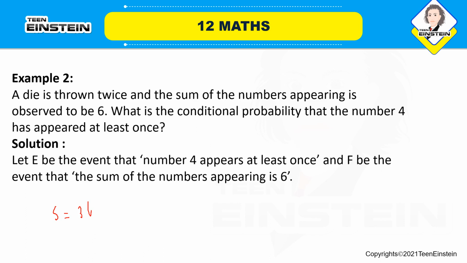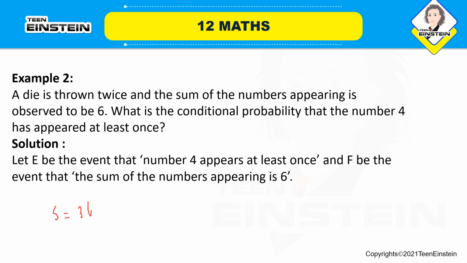First we have to identify the events. What are the two events happening here? Sum of the numbers appearing is 6. The other event is, the number 4 has to appear at least once.